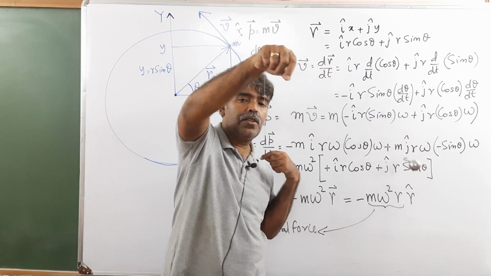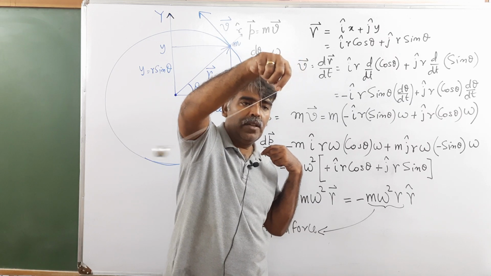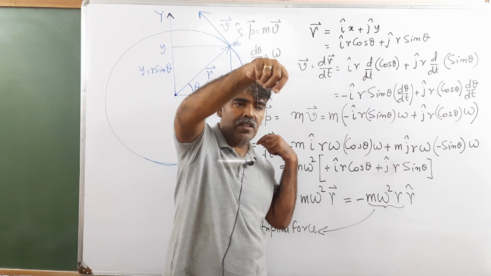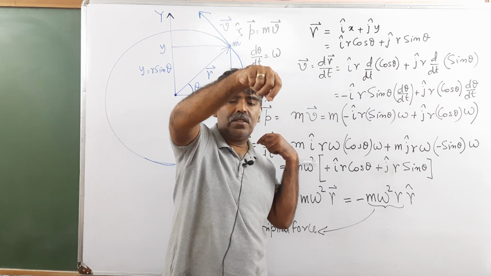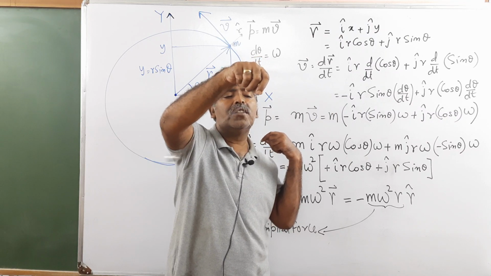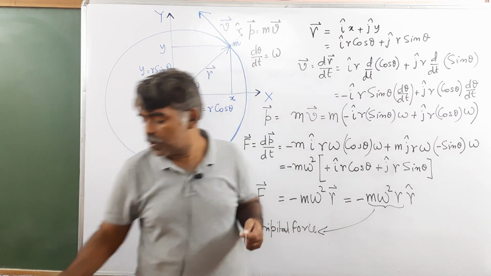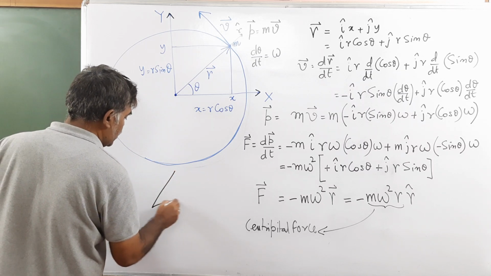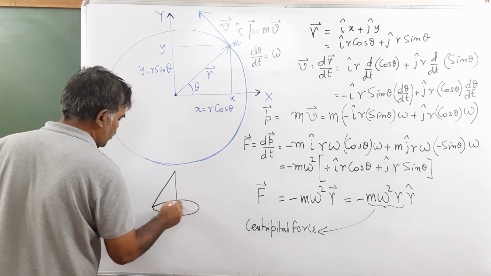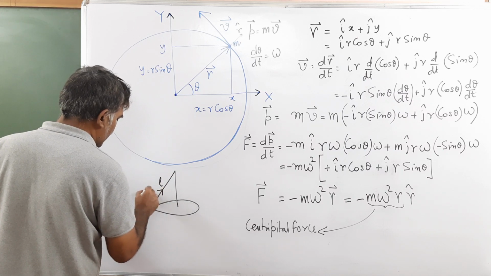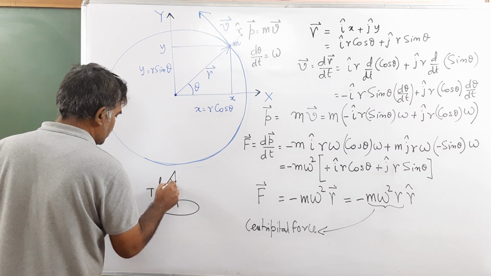If this rotates in a horizontal circle, the component of tension along the horizontal is the centripetal force. Suppose this is the length L, this is the tension T, and suppose this is theta.